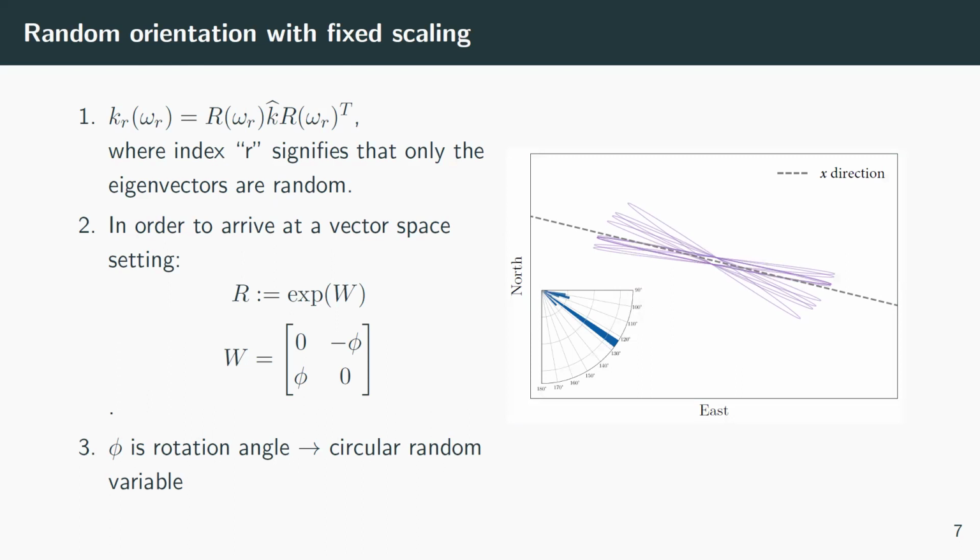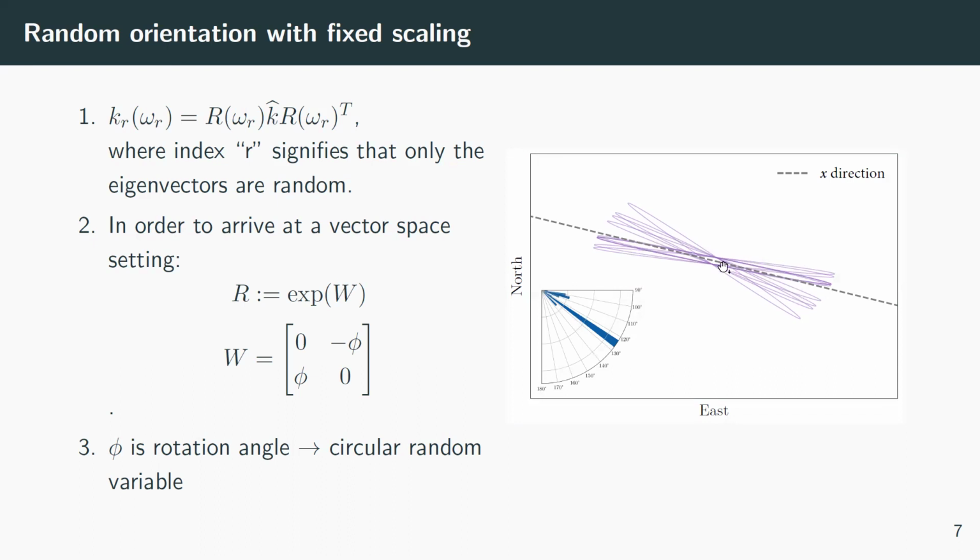In the first step, we are going to have a hydraulic conductivity tensor with random orientation and fixed scaling. On the right hand, you can see ellipses whose radius shows the magnitude of hydraulic conductivity, and whose direction shows the direction of hydraulic conductivity.